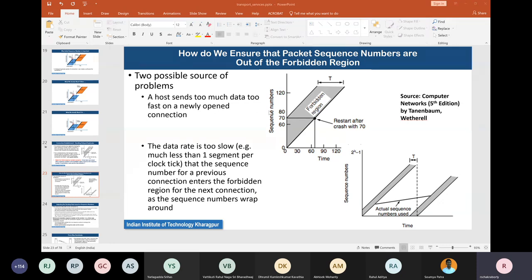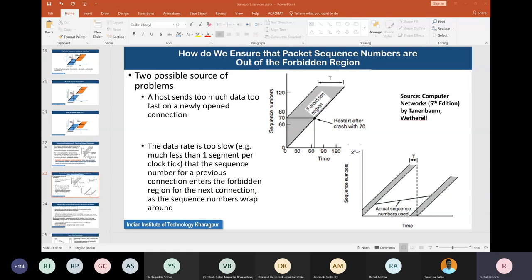When I wake up again, I will not suddenly break this constraint and start sending packets at a faster rate than my previous constraint. The second one is very peculiar. It says that the data rate is too slow in the new connection. You have to remember one thing, that the sequence numbers actually wrap around.